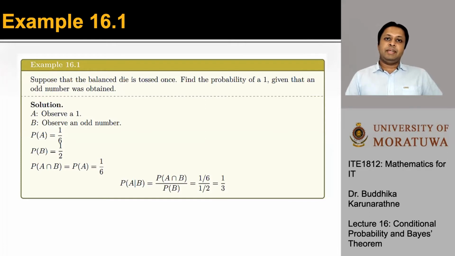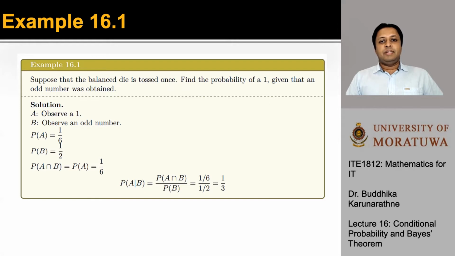So we straight away take an example. Suppose that a balanced die is tossed once. Find the probability of A given that an odd number was obtained. So the given part is that an odd number was obtained. We define an event A, observe a 1, and event B, observe an odd number.